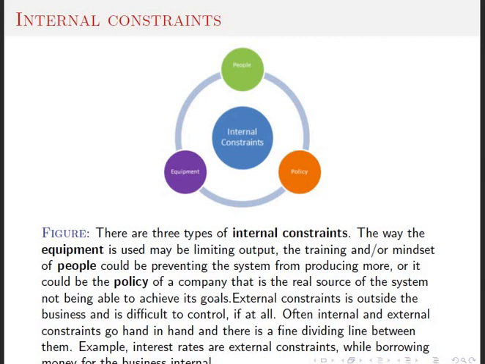External constraint is considered to be difficult to control since it totally depends upon demand, which is outside the business. So internal and external constraints go hand in hand.